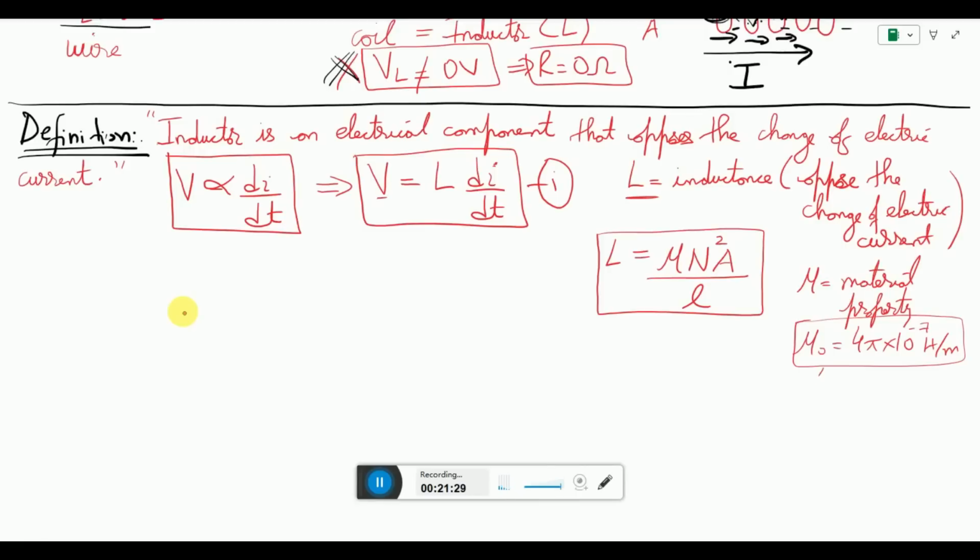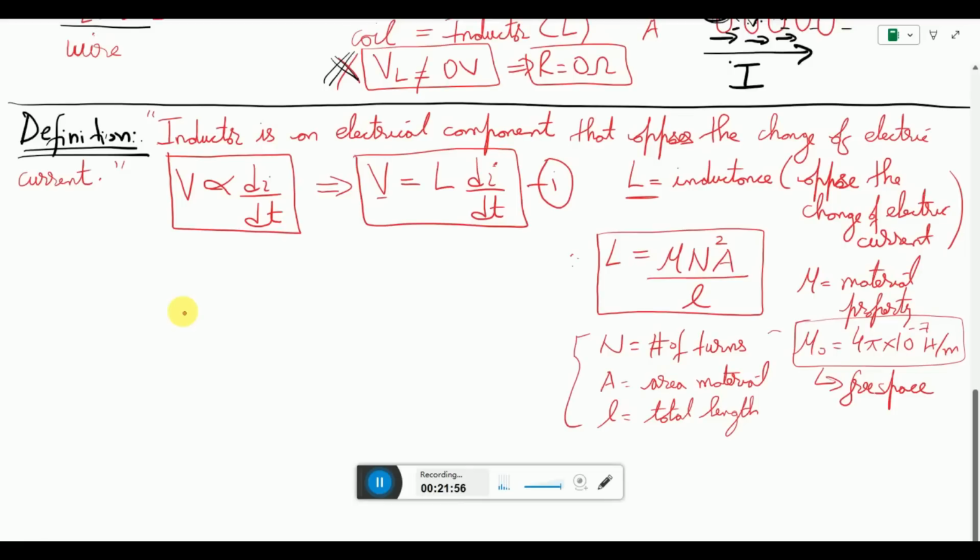Mu is the material property, which changes based on the material. N is the number of turns of the coil on the material, A is the total area of that material, and L is the total length of that material.